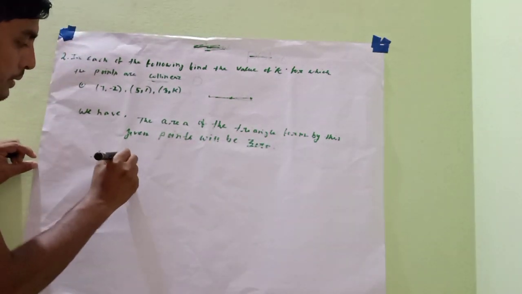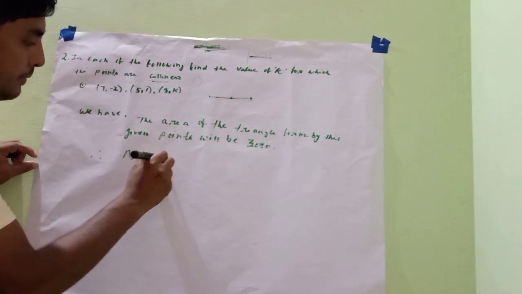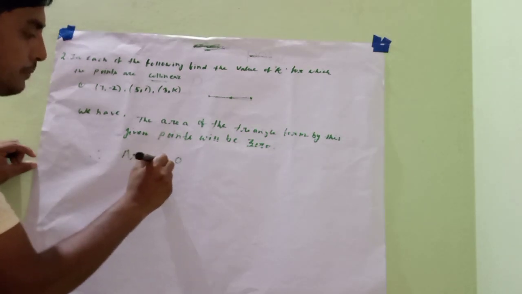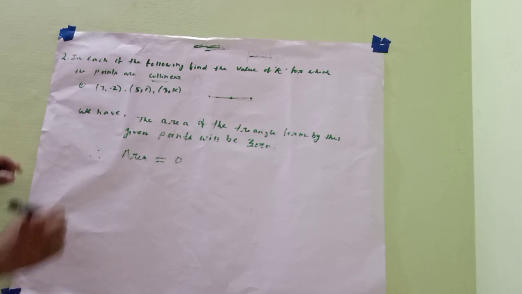Therefore, area is equal to 0. Good, area is equal to 0. So now use the formula of area.